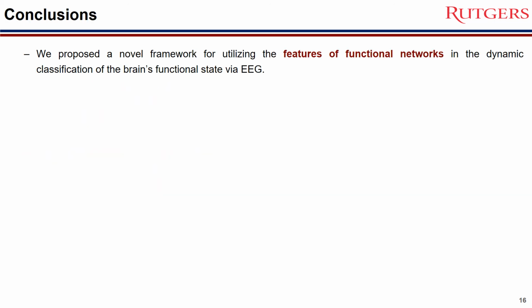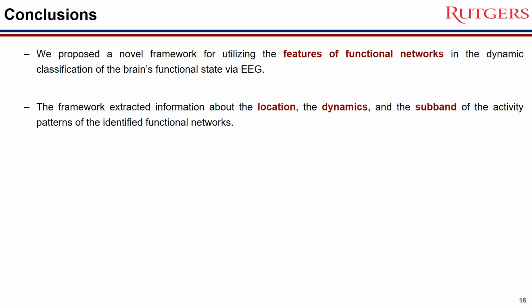Conclusions. We proposed a novel framework for utilizing the features of functional networks in the dynamic classification of the brain's functional state via EEG. The framework extracted information about the location, the dynamics, and the subband of the activity patterns of the identified functional networks.